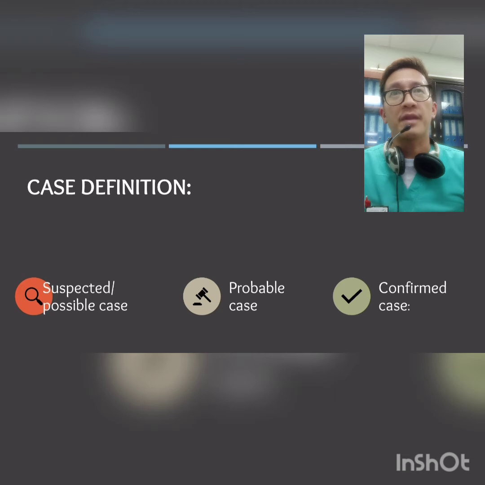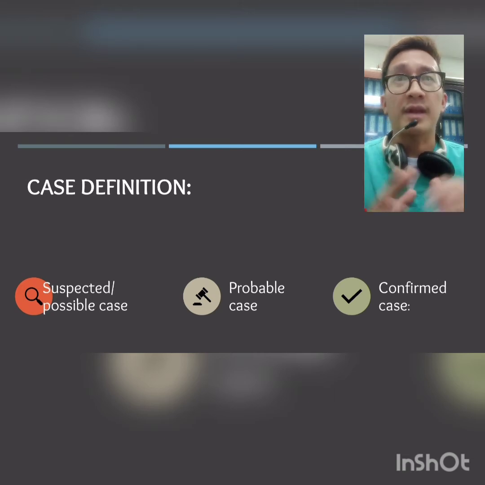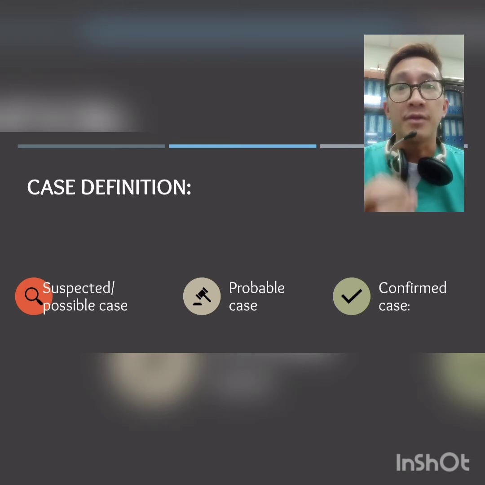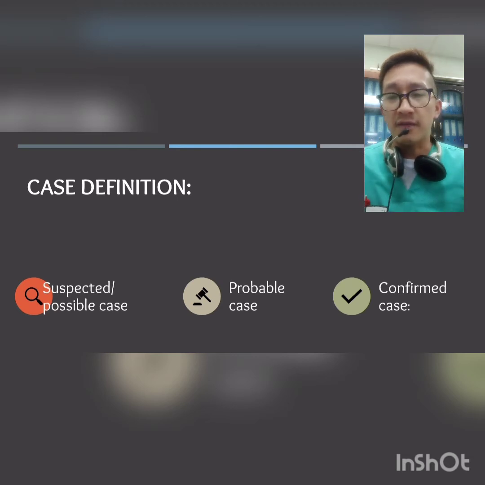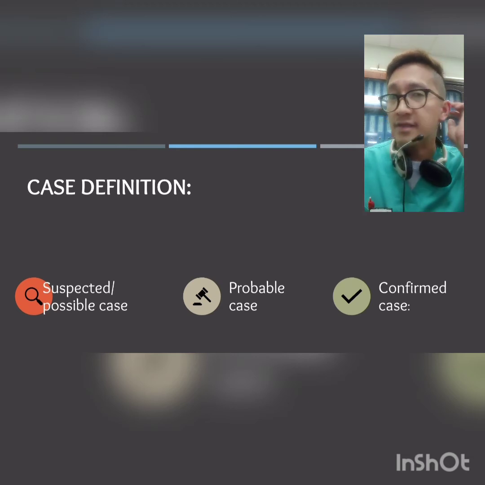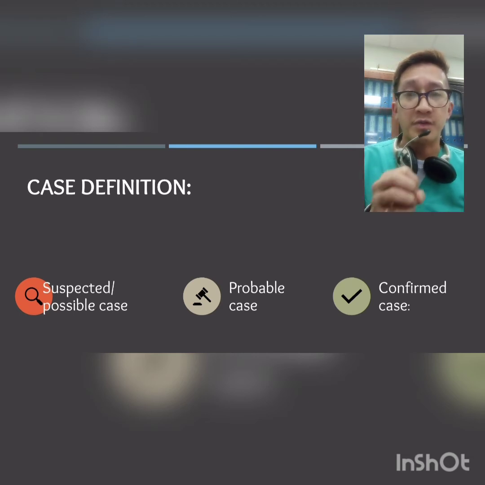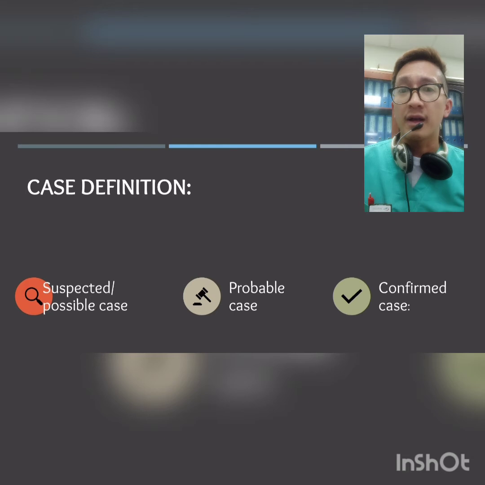Now let's go with case definitions. When we talk about case definitions, this is a set of uniform criteria used to define a disease for surveillance purposes. I know that all of us have been hearing this term, case definitions, because we have case definitions for MERS-CoV and also for COVID.